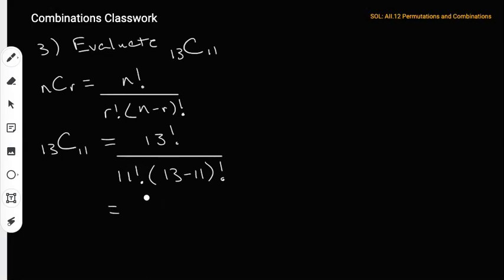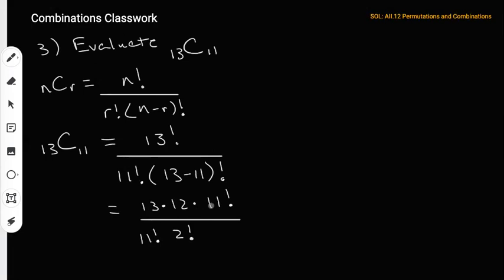So now 13 factorial, I can write that as 13 times 12 times 11 factorial, but then I don't have to go all the way to 1 because I can stop at 11 right here. Just remember to put the factorial at the end. And then in the denominator, I still have 11 factorial, and 13 minus 11 is going to give me 2 factorial. So now what matches up on the top and bottom?